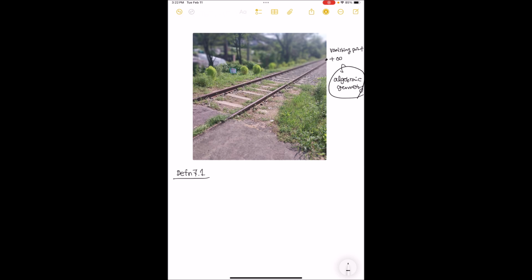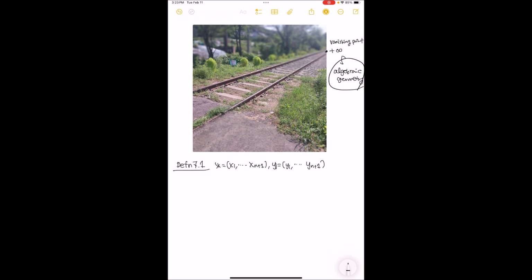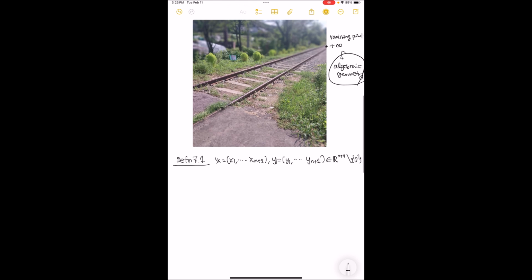The concept, okay? Take two points x = (x1, ..., x_{n+1}) with n+1 coordinates. We must pick points that exclude the zero vector (0, 0, ..., 0) in R^{n+1}.